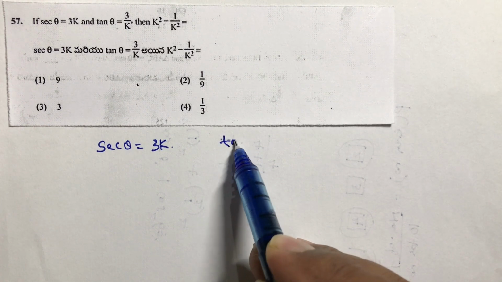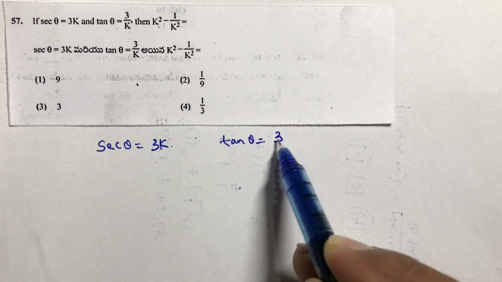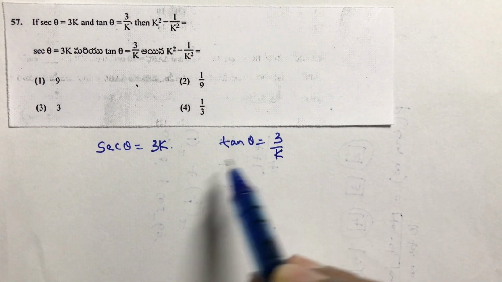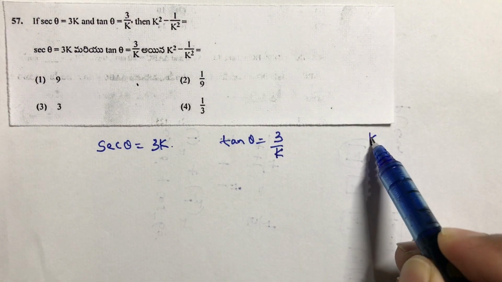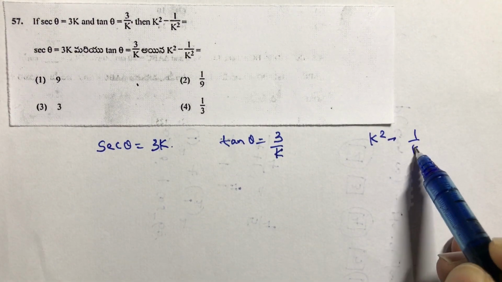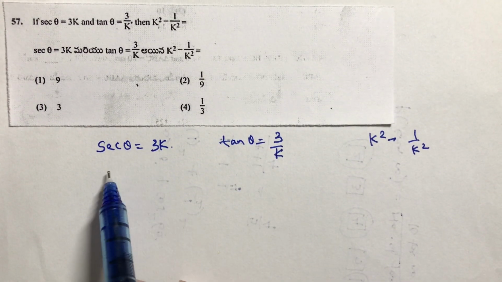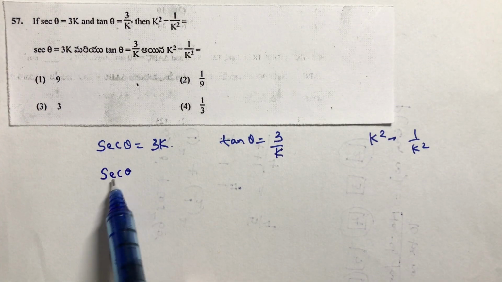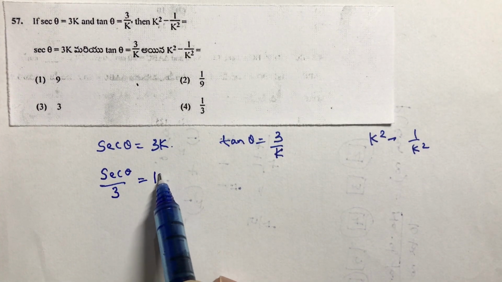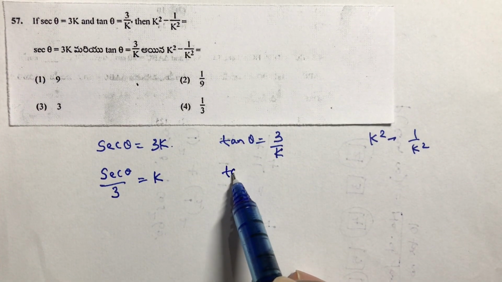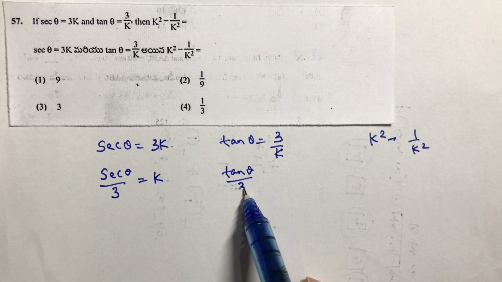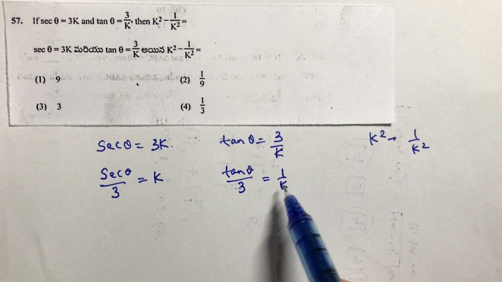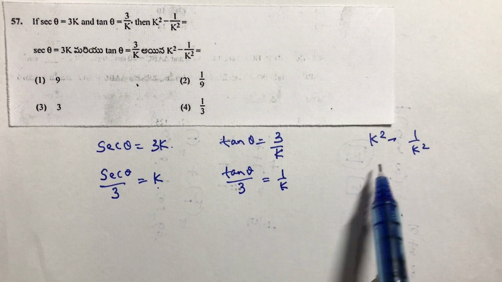If sec theta equals 3k and tan theta equals 3 by k, from here I need to find k square minus 1 by k square. So from here find the value of k. Sec theta by 3 equals k. From here find the value of 1 by k. So tan theta by 3 is 1 by k. Substitute this k and 1 by k in this.